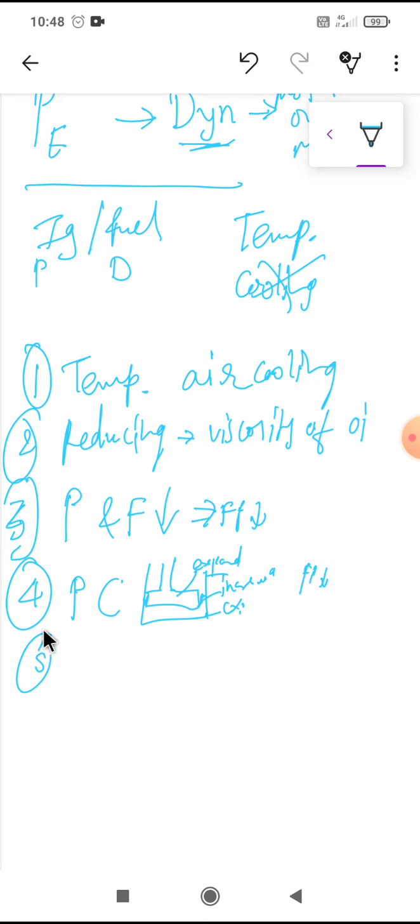Then fifth, the friction power is also affected because the air is drawn at a temperature lower than in the firing engine, since it is not heated from the cylinder walls.